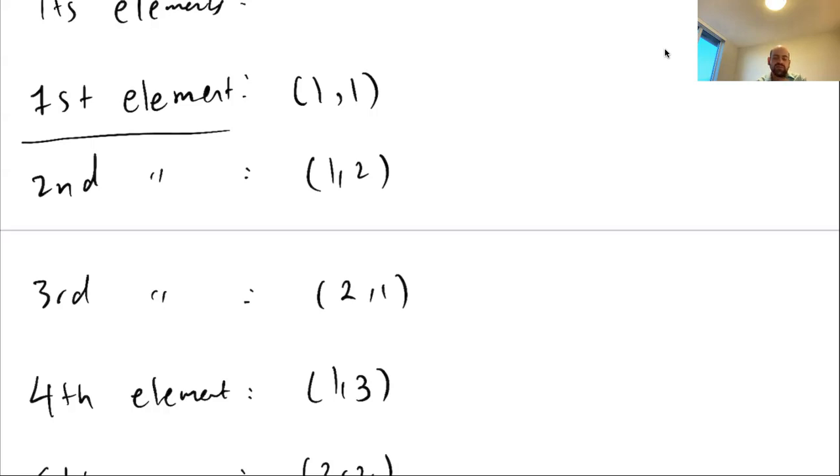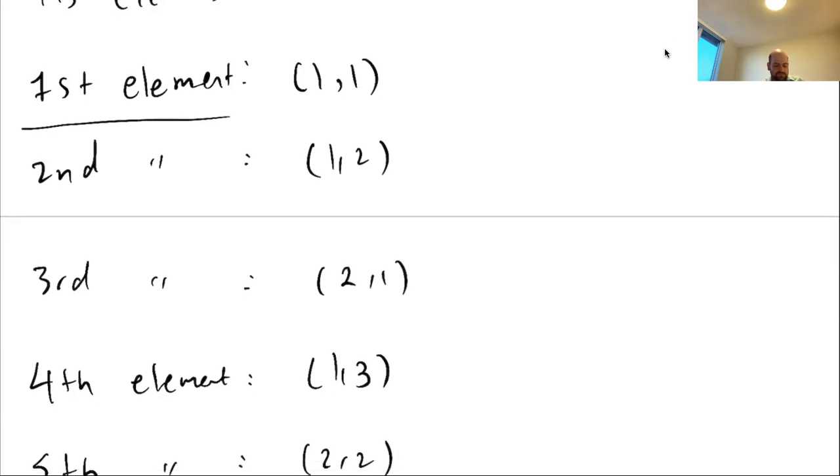The minimum possible sum is 2, which happens only for (1, 1). So first we listed the element with sum of 2.